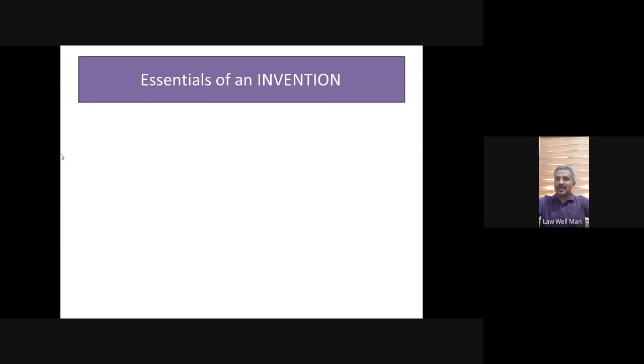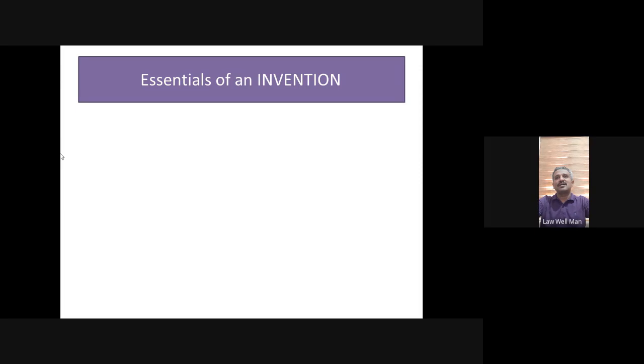Now, we were on the essentials of an invention in the last class. The importance of essentials of an invention when we discuss patent is this: patents are granted for inventions.